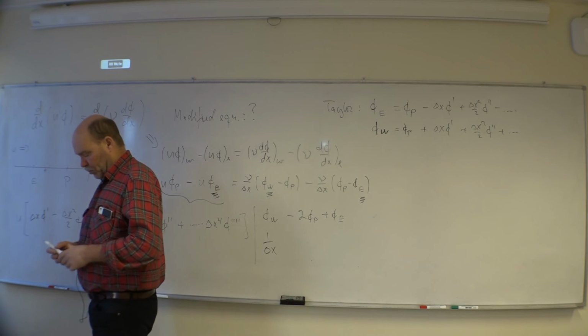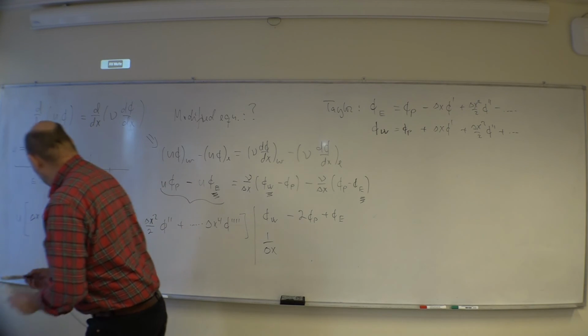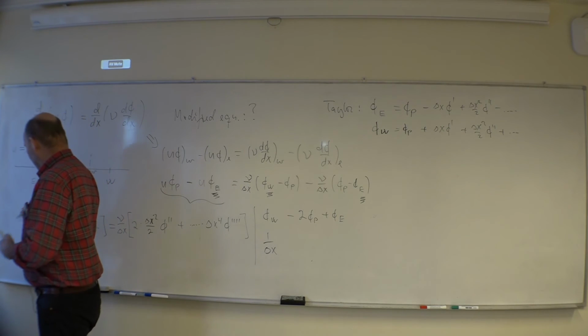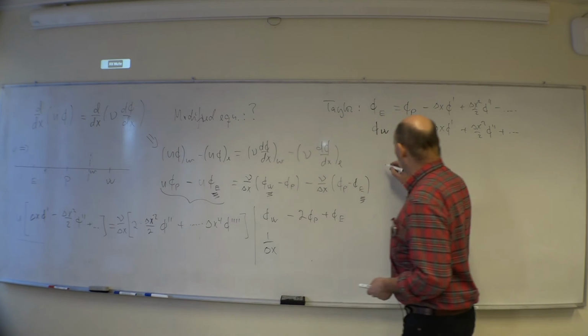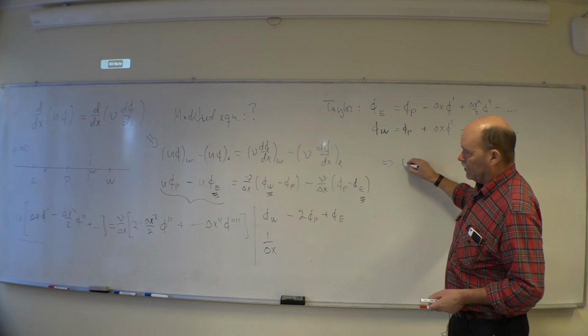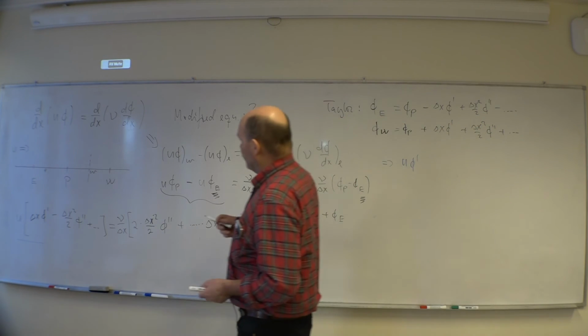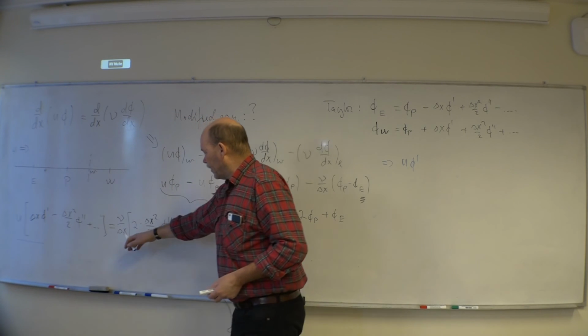Then what do we get? Delta x goes against delta x. So this one should now read u phi derivative, which is very nice. This one I throw on the other side.